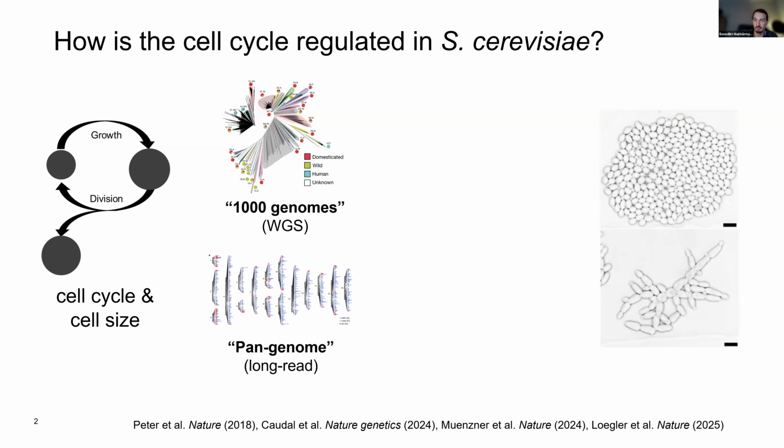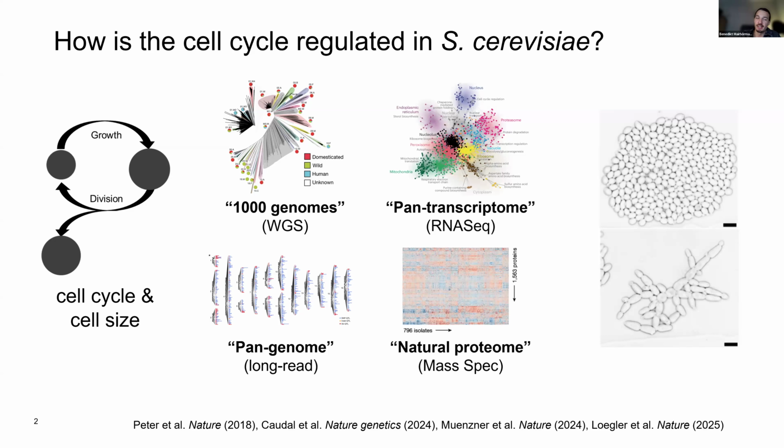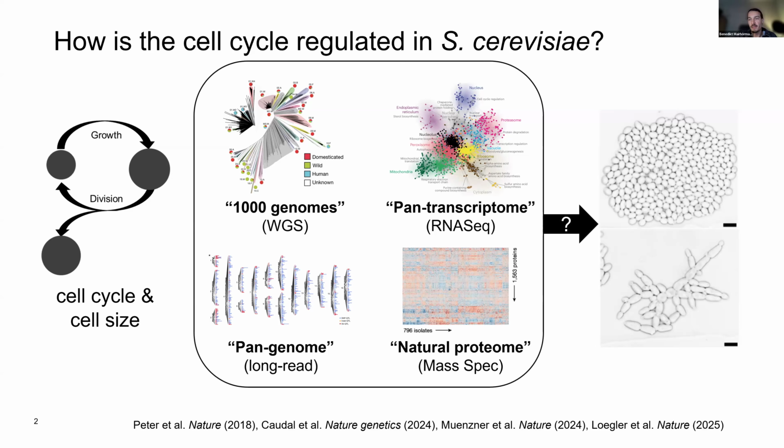And the second very interesting question, given that we also have other resources on those 1,000 strains, like a whole data set for RNA-seq and another data set for mass spec, is whether we can understand which variation in those regulatory layers actually has an effect on cell cycle phenotype. We're hoping that we can learn from this variation and find what is causing cell cycle phenotype.